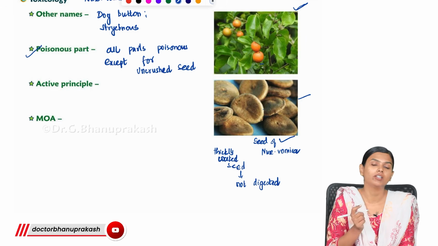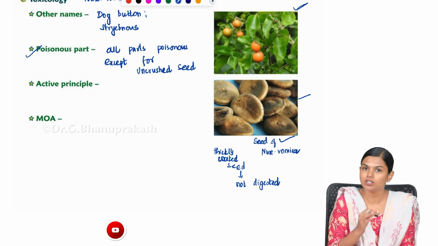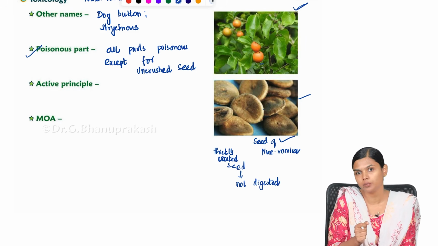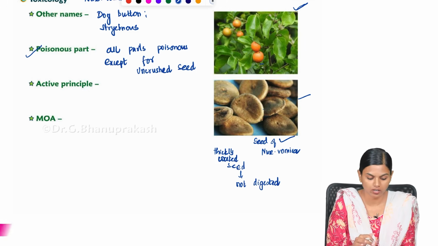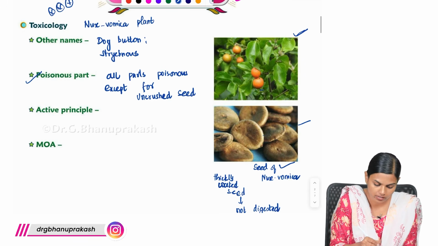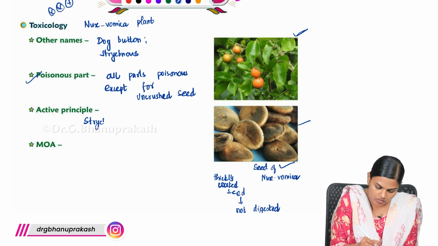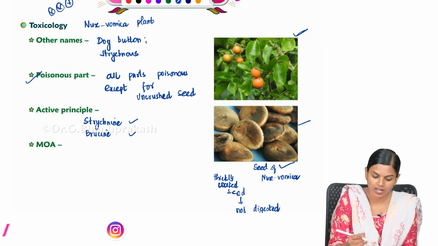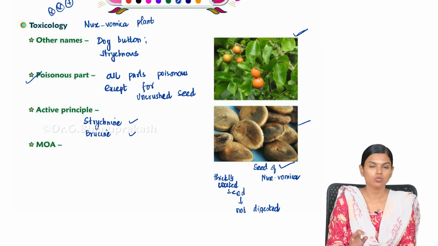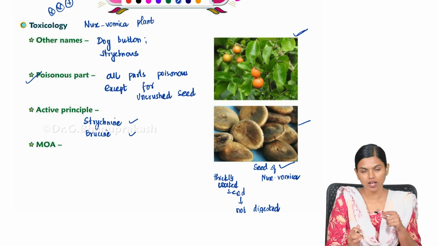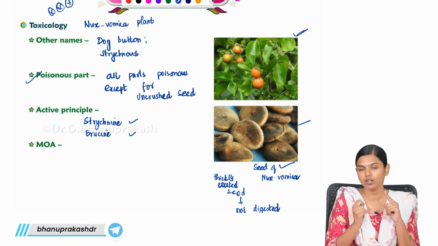So the alkaloid released from this plant, what is that alkaloid? That is the active principle that causes all the toxicity. The active principle is strychnine and brucine. So first we have to know the name of the plant by looking at it.